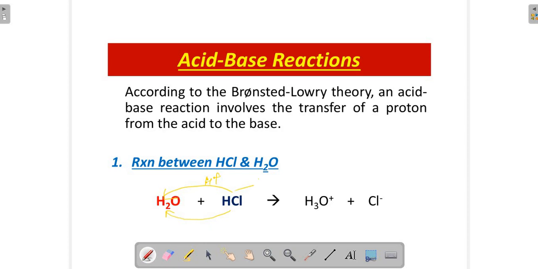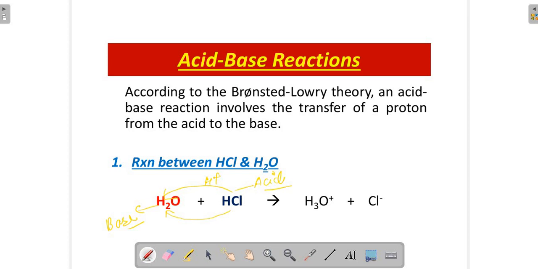Since HCl is donating the proton, it acts as an acid, while H2O is accepting the proton, so it acts as a base. So water is the substance that accepted the hydrogen ion, therefore it is a base, and HCl is an acid because it donated the hydrogen ion, as Bronsted and Lowry told us.